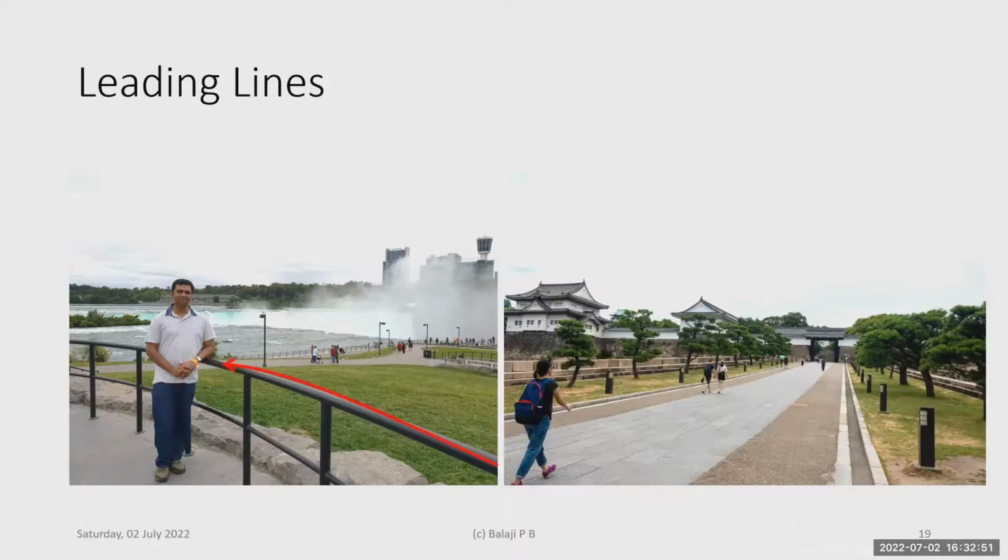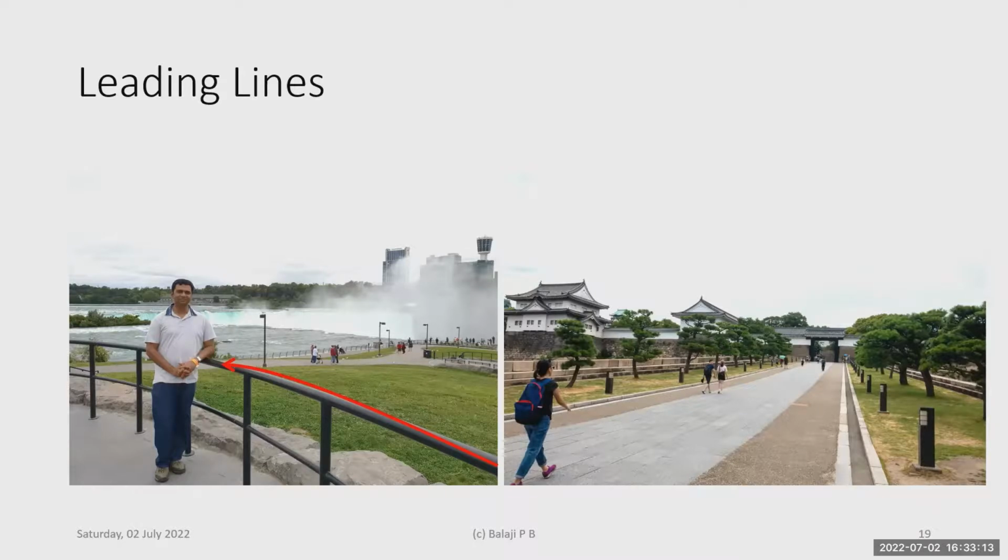If you look at the picture, this is a picture of me against the backdrop of Niagara Falls in the United States. In this case, the hand railing serves as a leading line, drawing the viewer's attention towards the subject, which is me in this picture. And then you can see the Niagara Falls in the background.